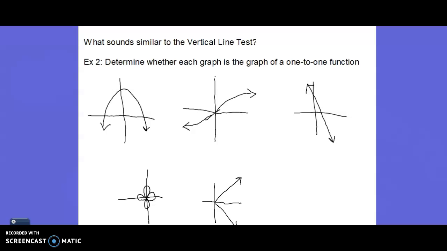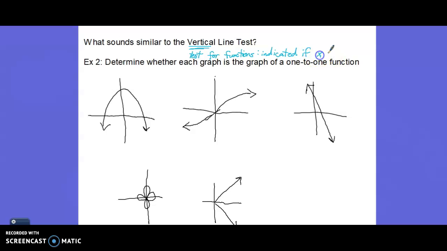So as we move on to graphs, because not everything is given to you as a set of ordered pairs or as a table, you might be given graphs. Well, we learned about the vertical line test. It was our test for functions, and we did the vertical line test because that indicated if x's repeat.